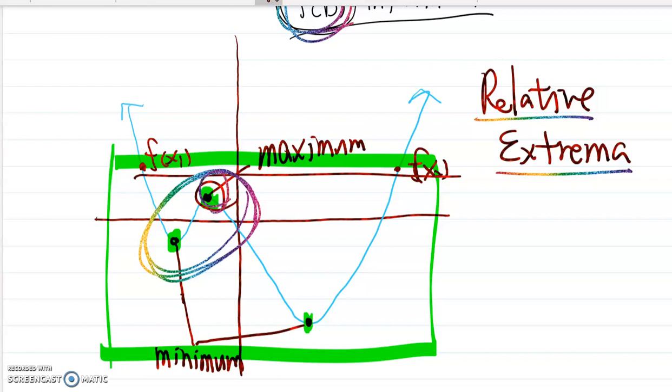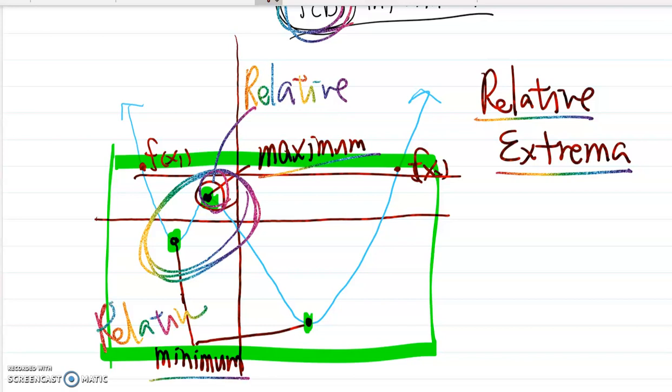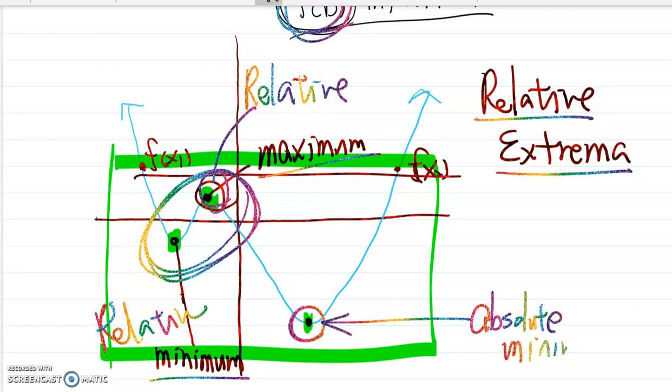So this point is the relative maximum, and this one becomes the relative minimum. Now I'm going to delete this arrow sign here, and this point can be, in this case, the absolute minimum, because in this curve no other value is lower than this particular minimum value, so I can define it as the absolute minimum.